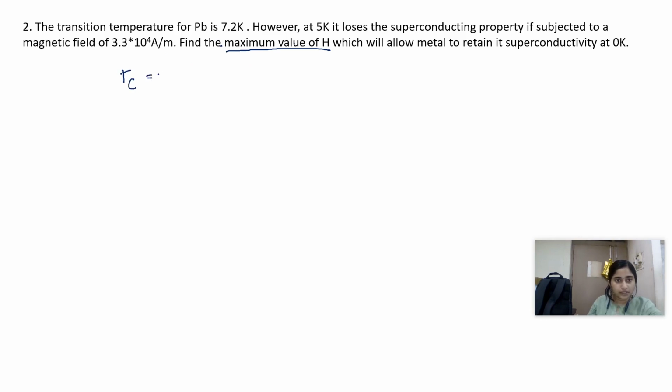Critical temperature is given as 7.2 Kelvin. At 5 Kelvin it loses the superconducting property if subjected to a magnetic field, so the magnetic field Hc of T is given as 3.3 times 10 to the power 4 ampere per meter at temperature T equal to 5 Kelvin.